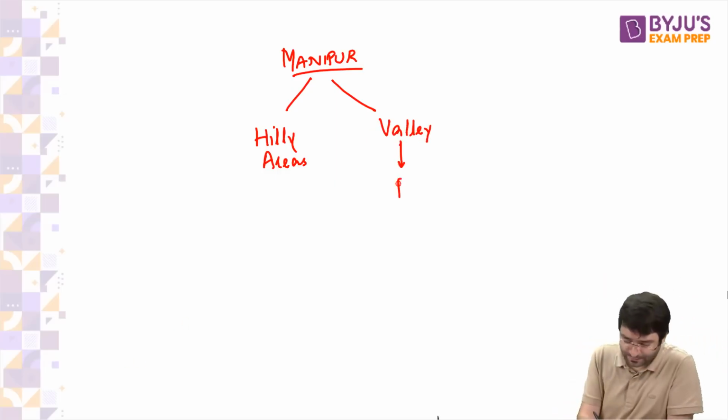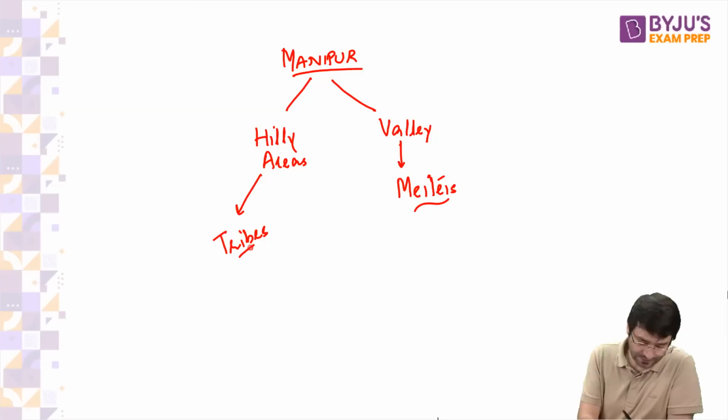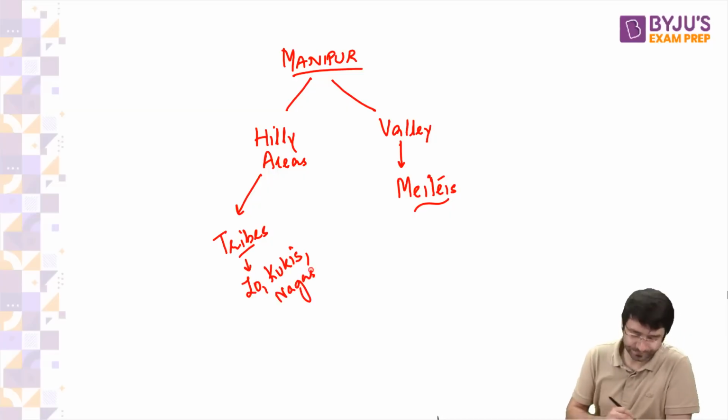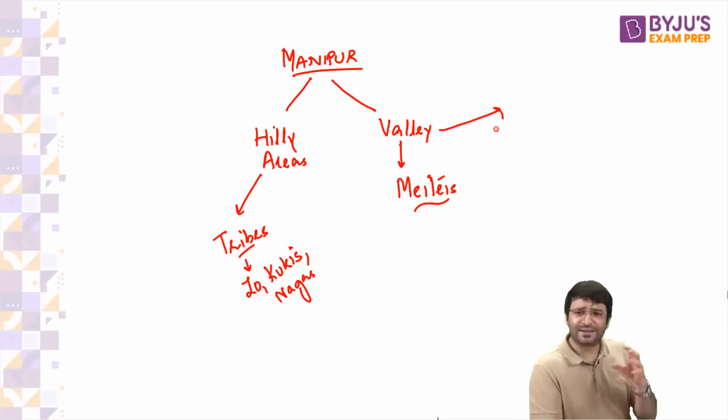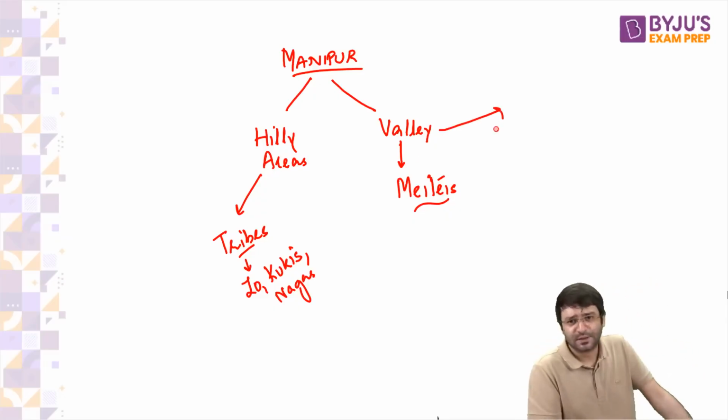The valley is dominated by a group known as the Meiteis. Hilly areas are dominated by tribes such as Zo, Kukis, some Nagas as well. But the valley is the area where the standard of living is better, where there are some employment opportunities.